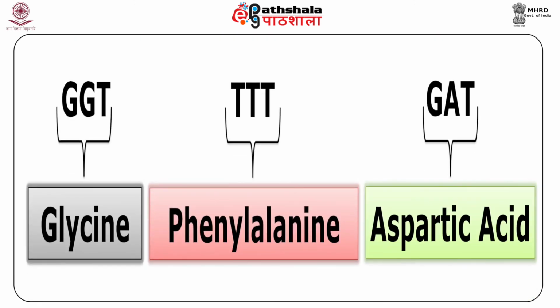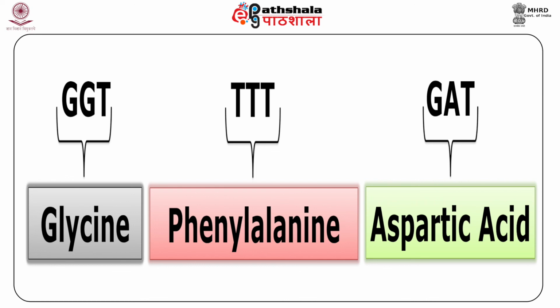This 9-unit sequence of DNA will thus be responsible for the formation of a peptide consisting of three amino acids: glycine, phenylalanine, and aspartic acid.